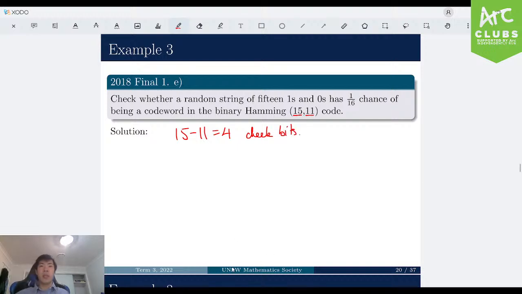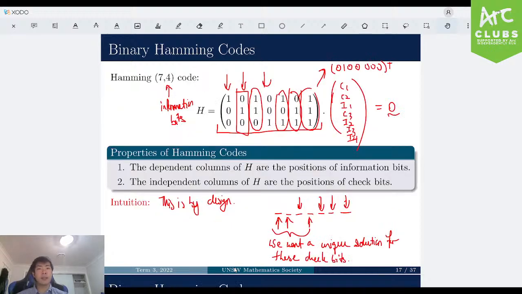Okay? And remember, in the intuition that we explained here, the whole point was, by design, we can have any information bits we want, and then by calculating the syndrome, we can reverse engineer it such that we can uniquely choose values for the check bits to ensure that the syndrome is a 0 vector, right?